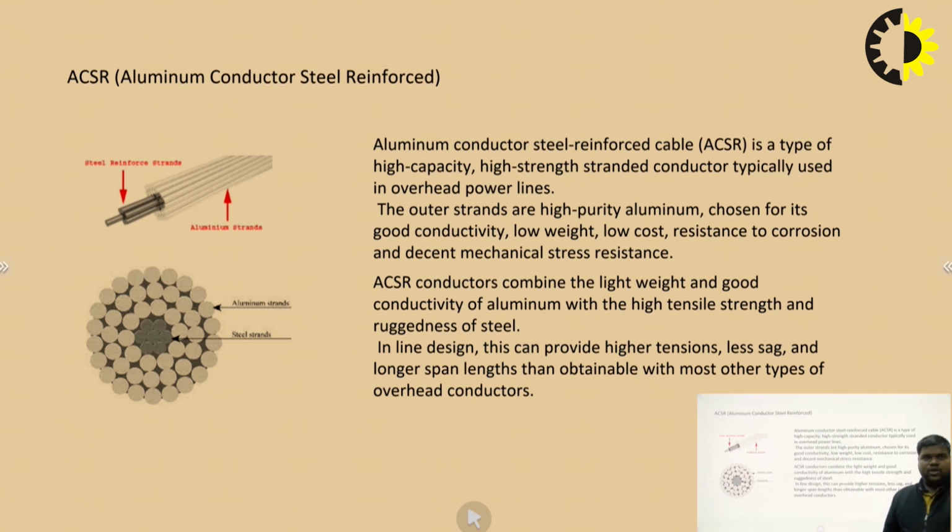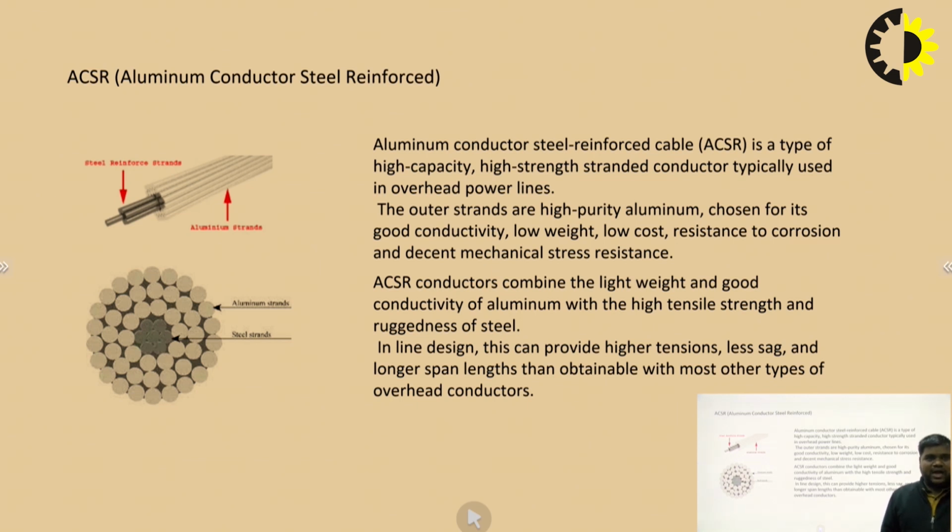Aluminum conductor steel reinforced cable is a type of high capacity, high strength conductor typically used in overhead power lines. The outer strand is high purity aluminum, chosen for its good conductivity, low weight, low cost, resistance to corrosion, and decent mechanical stress resistance.